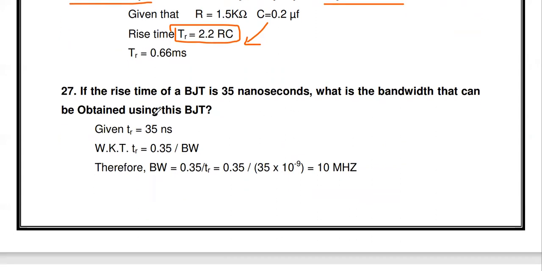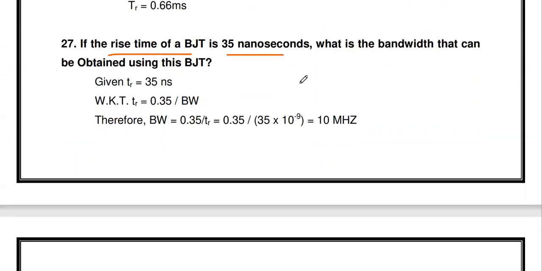Next one: if the rise time of the BJT is 35 nanosecond, what is the bandwidth that can be obtained using this BJT? Here rise time is given. We have to find the bandwidth.